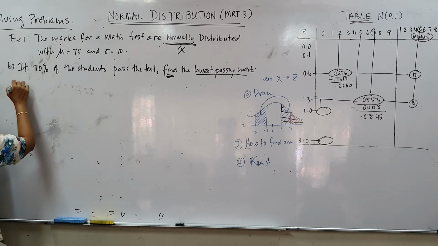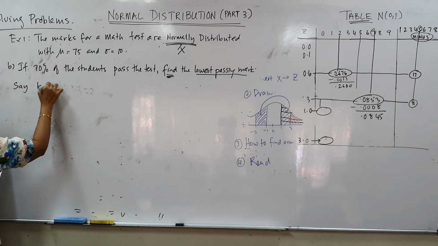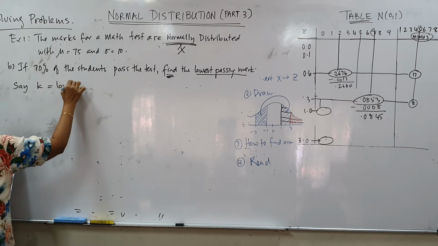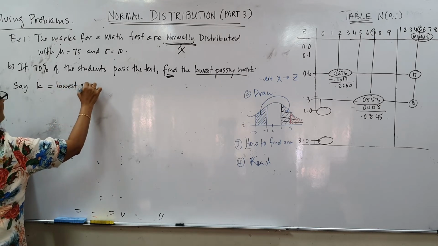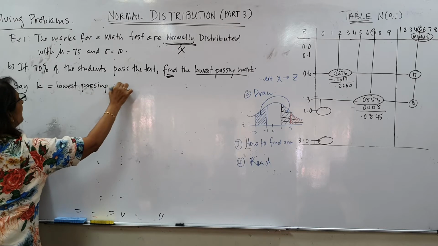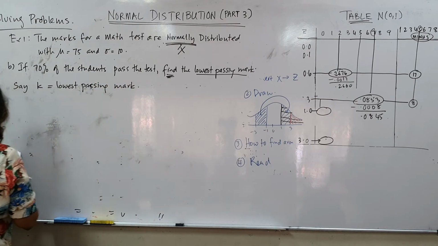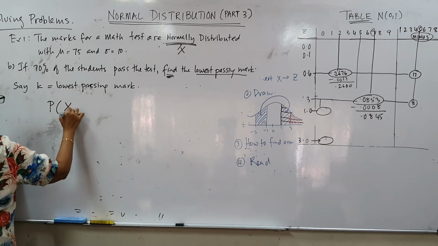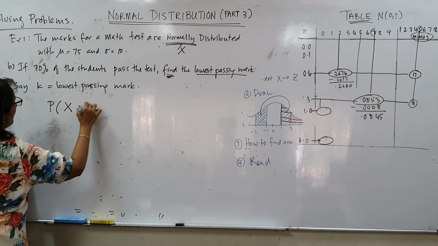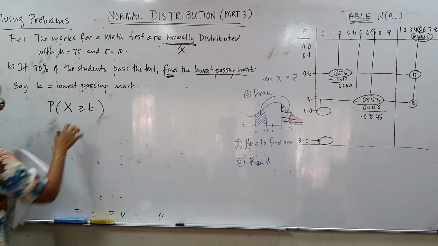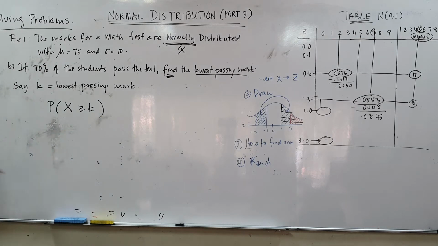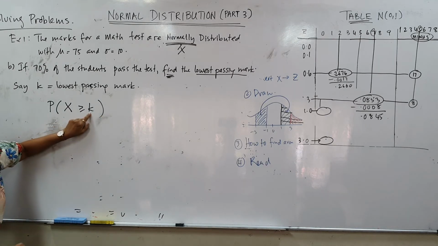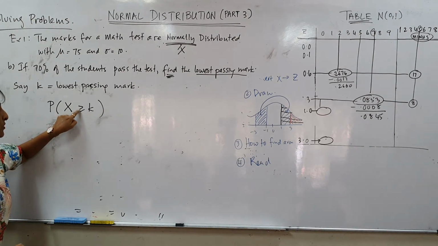This is what you have to find. So what I'll do is I'll say that K is the lowest passing mark. Now the probability of the normal distribution should be more than K, then only they pass. The lowest passing mark means the marks must be more than this or equal to this. So I put more or same as this.